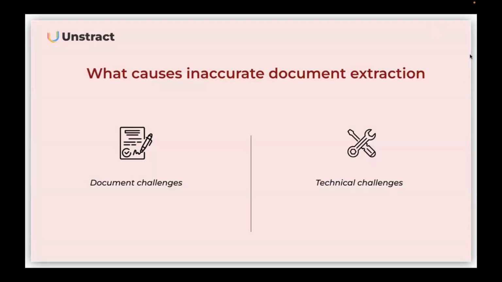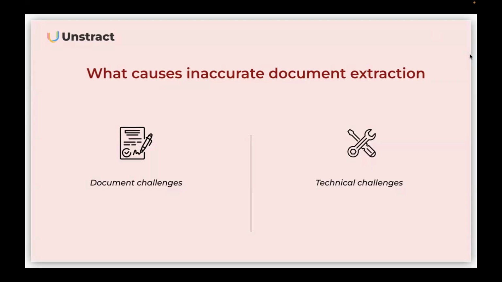Now, we'll gain clarity on what the key challenges are that need to be addressed when it comes to document extraction. And at Unstract, we observe two broad categories of factors that contribute to inaccuracy in extraction. That is mainly document challenges, which deals with the documents themselves. The quality and structure of input data play a critical role in extraction accuracy.